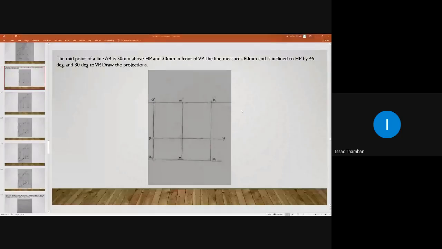Can you see the PowerPoint window? Yes, sir. Okay. So first you draw the XY line.